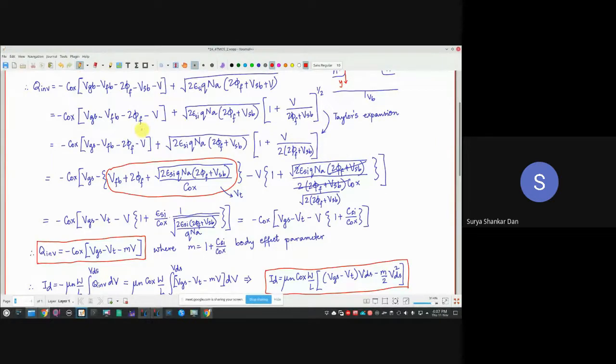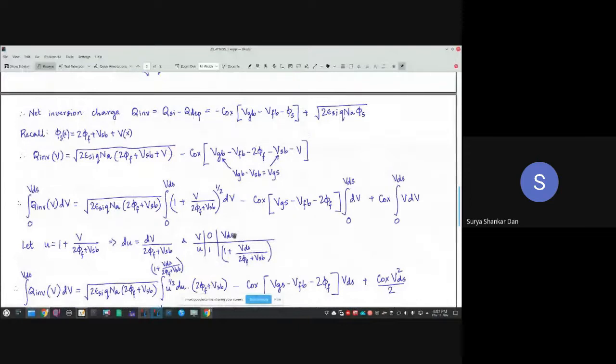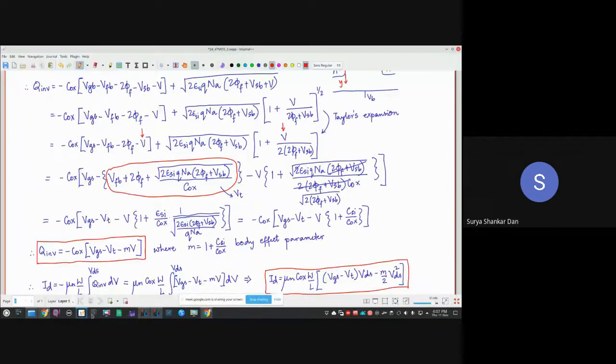In the gradual channel approximation, you have this V here and this V here, no V squared. In our previous lecture, you will notice that we ended up with this V squared because of the integration. In this case, you are directly getting terms in V. Now, what we have done is simply rearranged these terms.